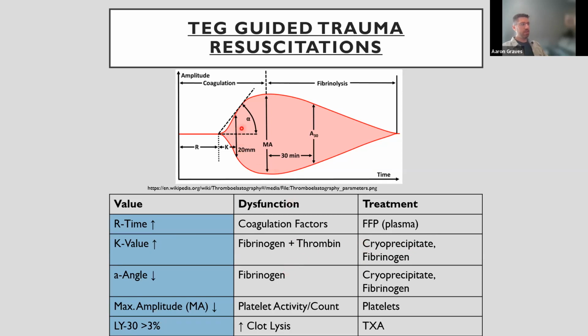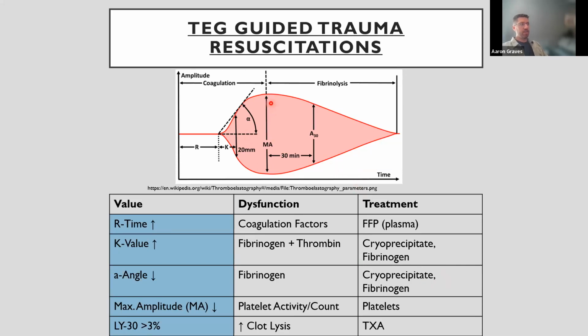Similarly, the alpha angle, which is similar in terms of the kinetic value that the K time gives. If this is decreased, meaning it's taking longer for this clot to form to full strength, it'll most likely be due to a deficiency in fibrinogen, meaning again, treatment will be cryoprecipitate or fibrinogen.